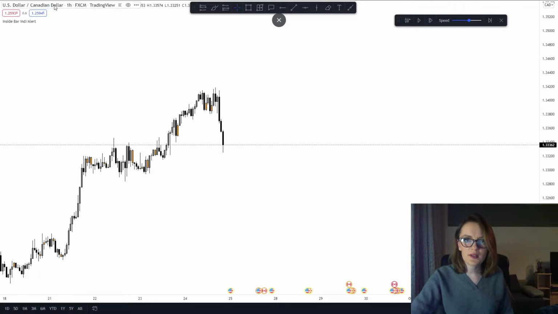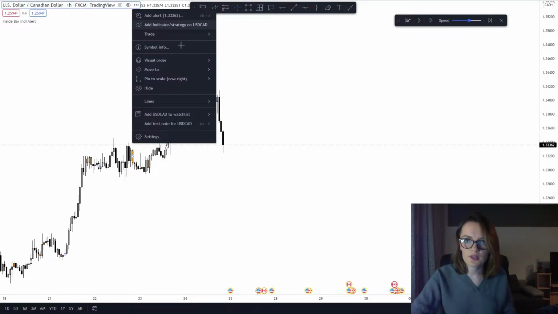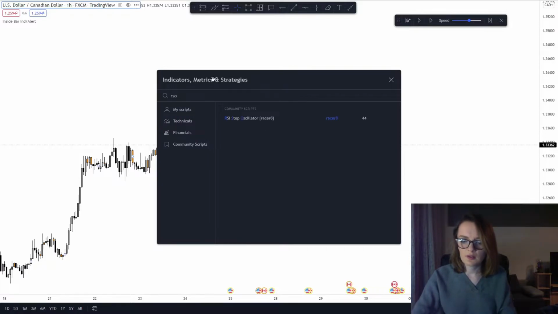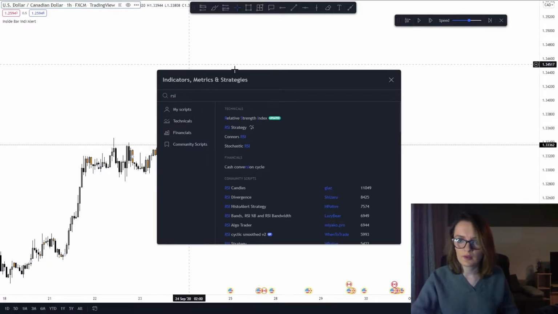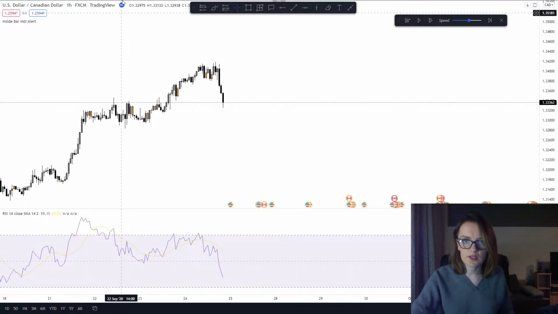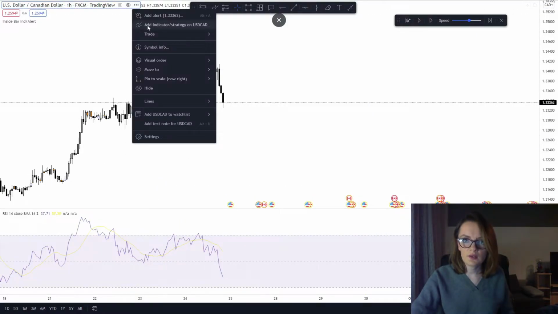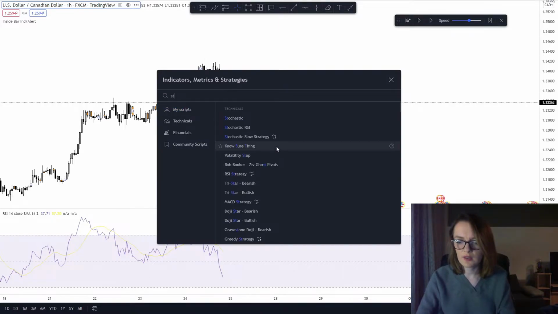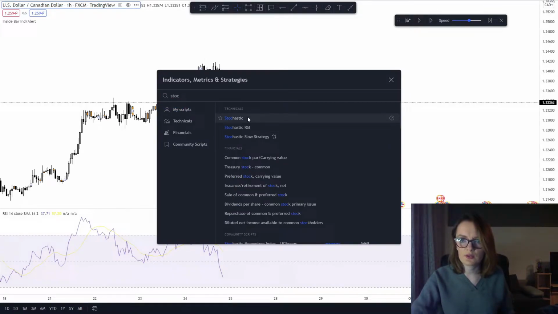Okay, so as I previously said, for this strategy we will use 3 indicators, and I will add them right now on the chart. First of all, the first indicator used will be the RSI. This will be used in order for us to spot the divergences. The second indicator used will be the stochastic, and it will help us for the entries.